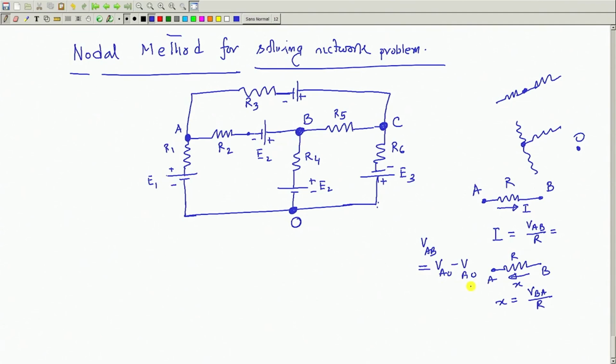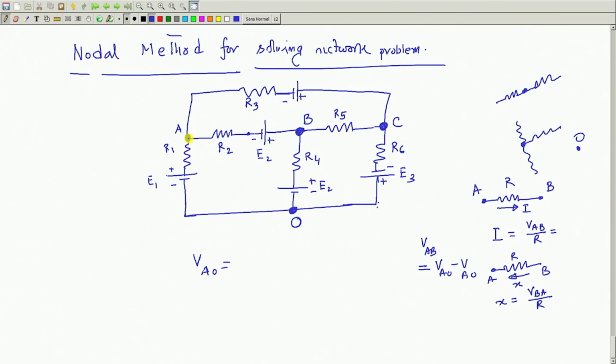Why? Because, for example, in this case V_AO, I have to start from O and try to reach point A. Suppose I decide I will go via this path.